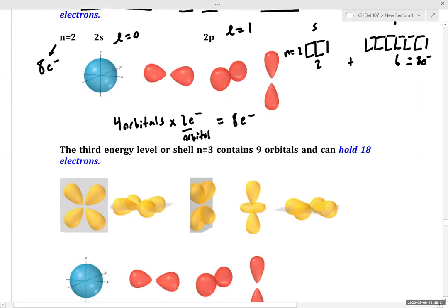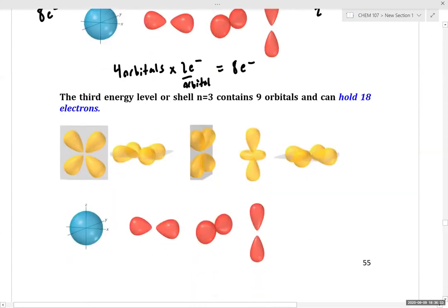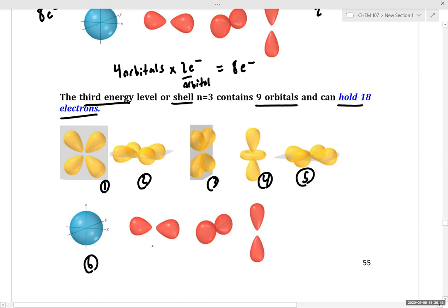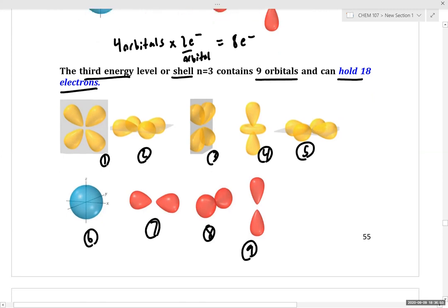So finally, the third energy level, or the third shell, contains 9 orbitals, and thus it can hold 18 electrons. So we have 9 orbitals, 9 times 2. So for our n equals 3, we can hold a total of 18 electrons.